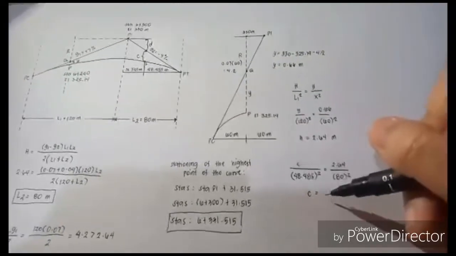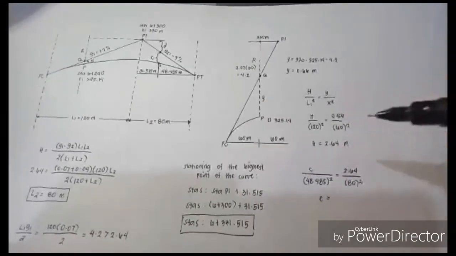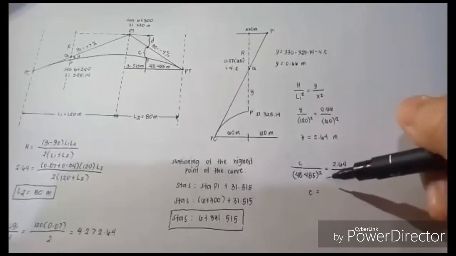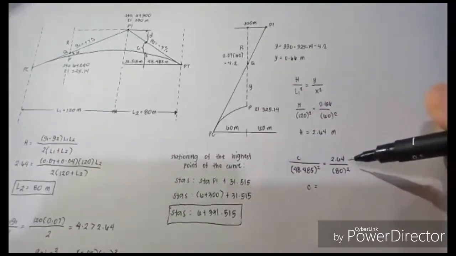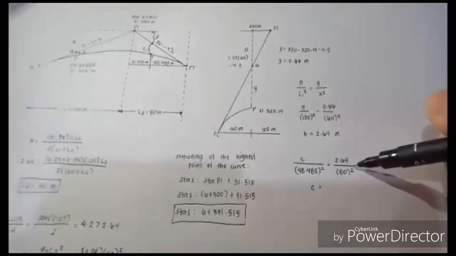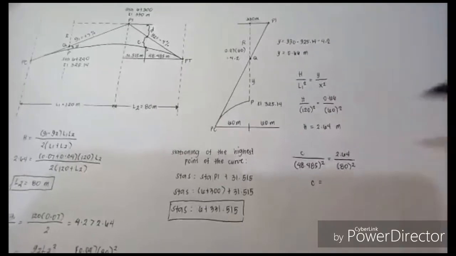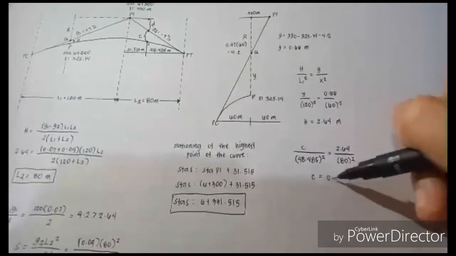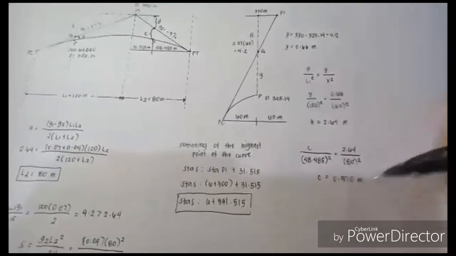Para makuha natin yung value ng C, I've come up with this solution. C over 48.485 squared equals 2.64, which is yung value ng H natin yan kanina, yung sinolve natin. Tapos, the L sub 2 squared, 80. Yan. So, the value of C is 0.970 meters.